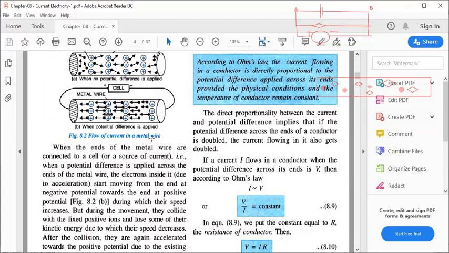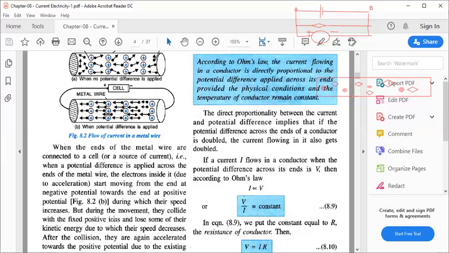From plus to minus. So when the potential difference is applied across the metal wire, the electrons inside it start moving from the end at negative potential toward the end at positive potential. Look, it is going from negative to positive.